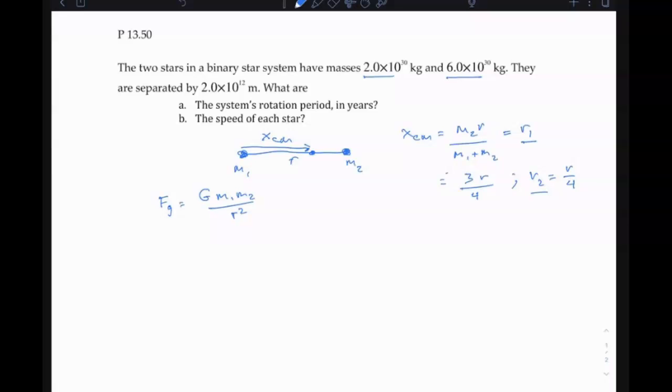And that results in mass 1 feeling a centripetal acceleration equal to v squared, v1 squared, over the radius of the circle, r1.